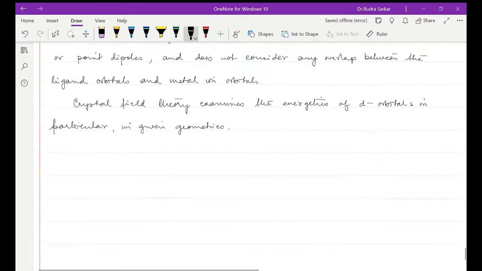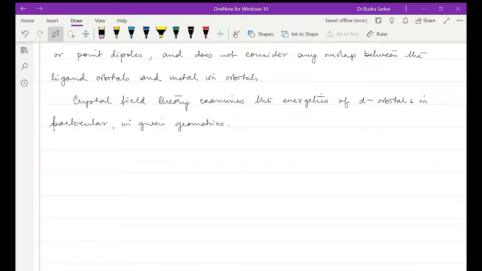Okay. So basically it means that placement of donor atoms at different stereochemical positions will perturb the d orbitals to different extents.